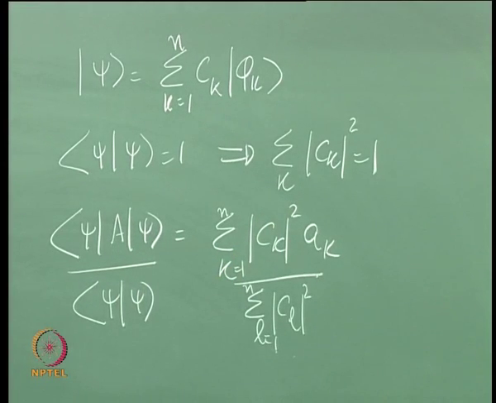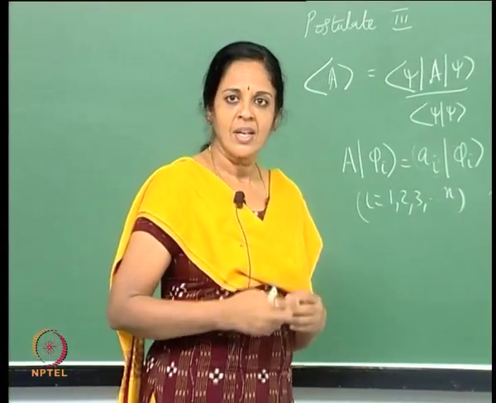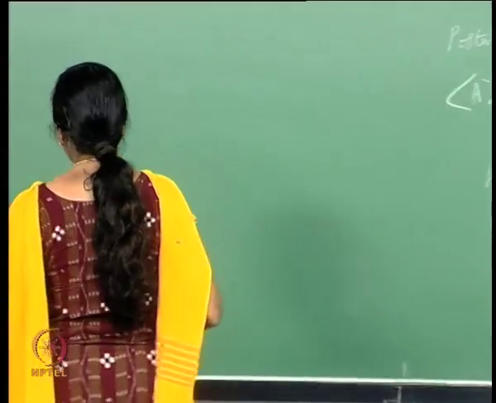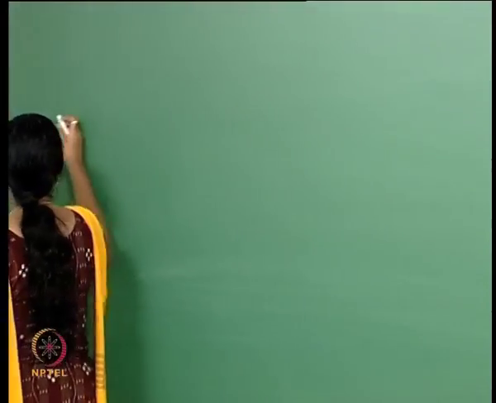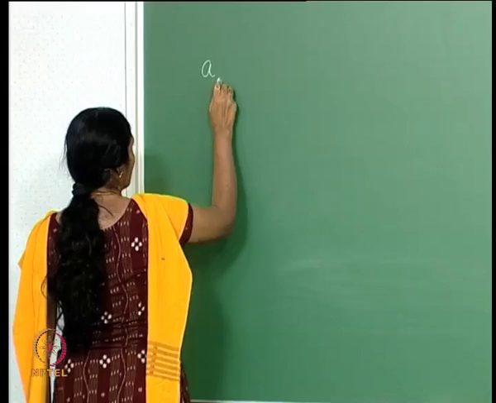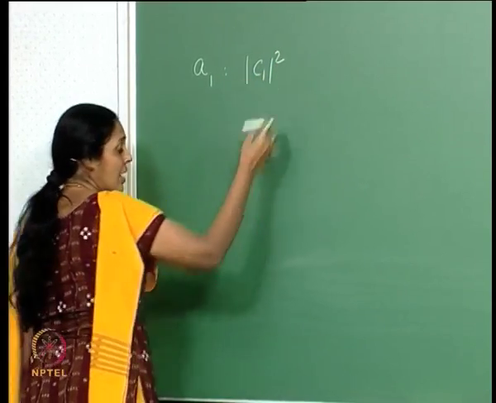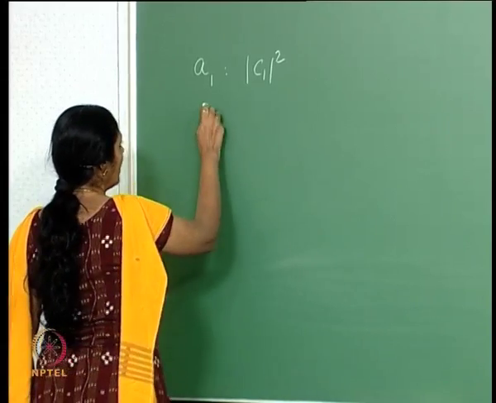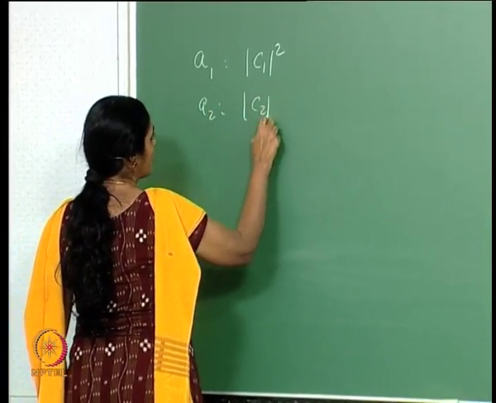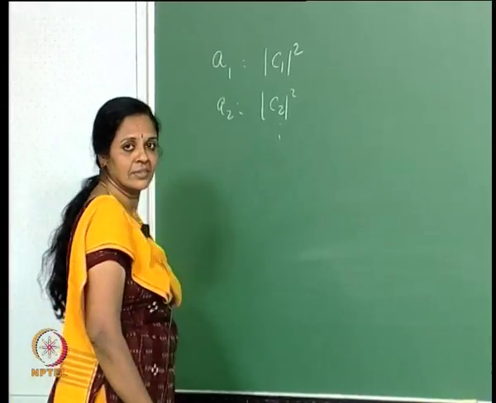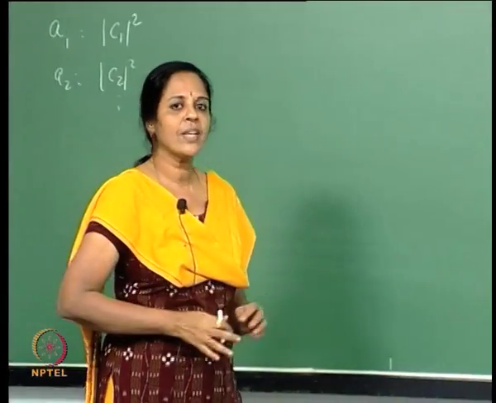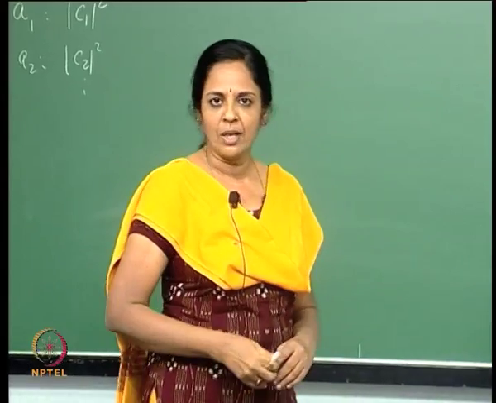And this is what gives a probabilistic interpretation to quantum mechanics and measurement itself. Because I would do the following thing, I would say that a1 appears with probability mod c1 squared as the measurement outcome, a2 with probability mod c2 squared and so on. So, let us demonstrate this with a concrete example.